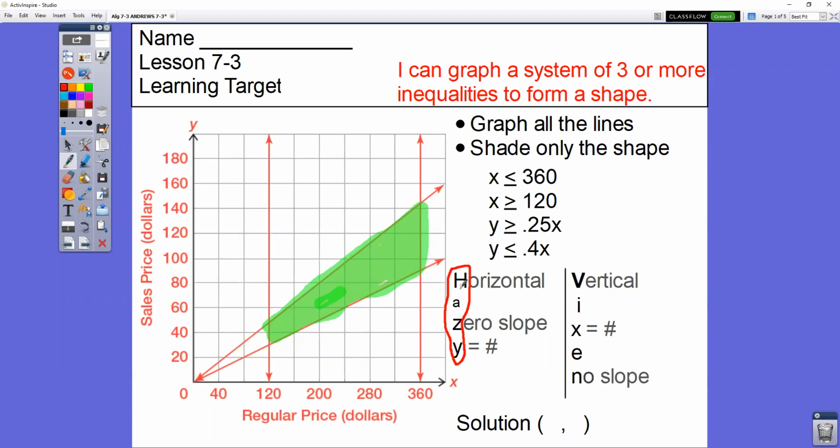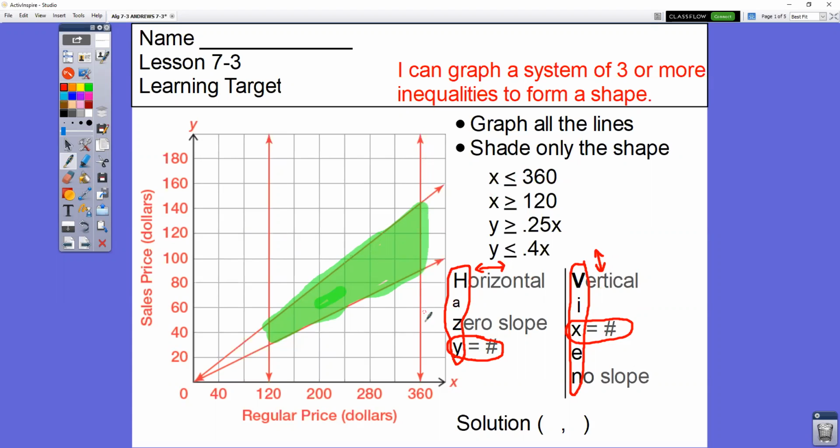When it's a y equals equation, it is a horizontal line. When it's an x equals equation, it is a vertical line, a line that goes straight up and down. So we had x is less than or equal to 360.